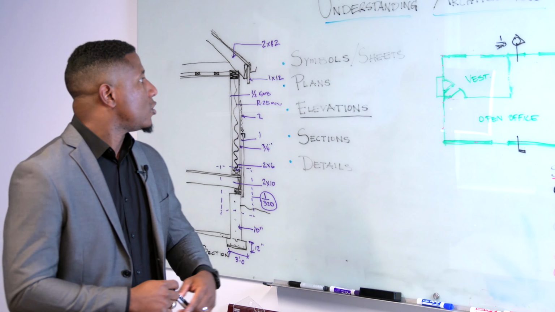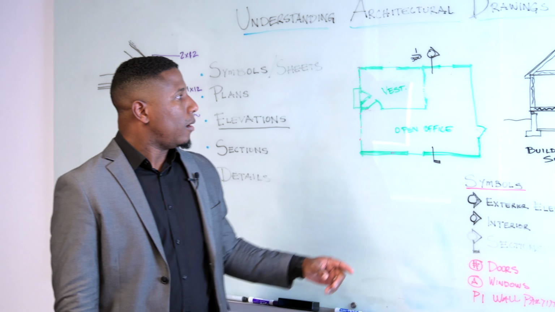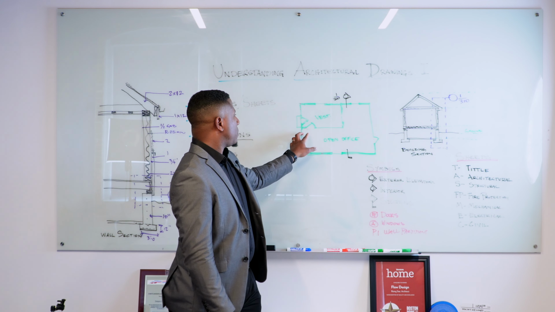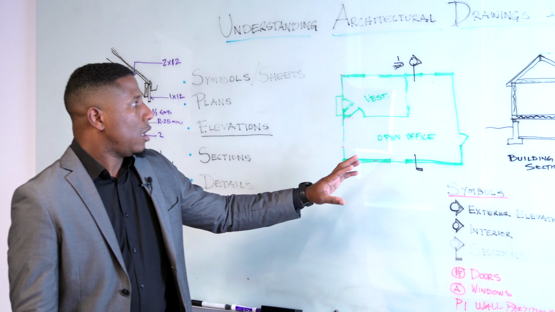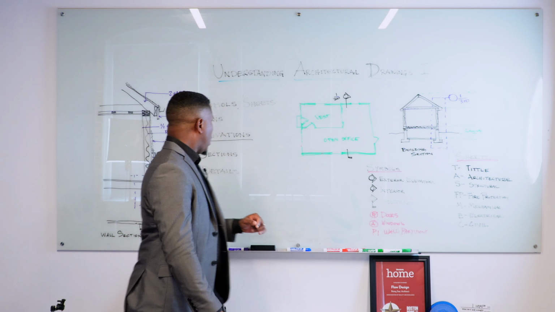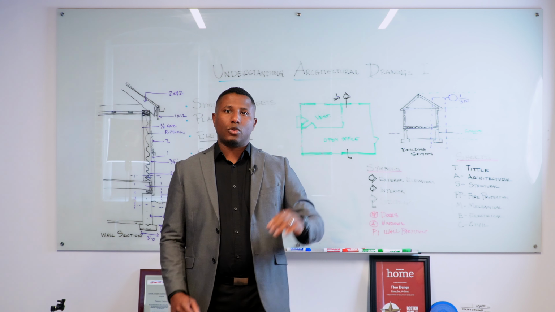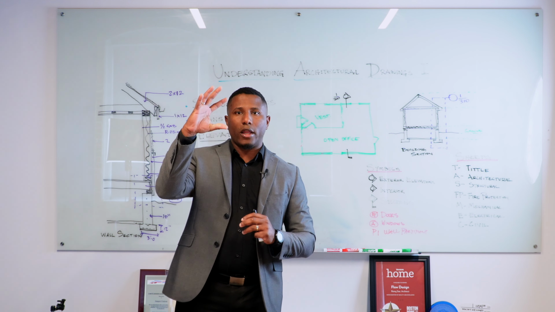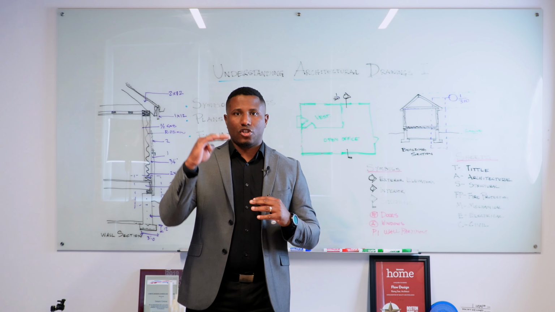In the previous videos, we discussed plans, floor plans. In floor plan drawings, typically you place the doors, the windows. You can see how the rooms are put together in plan. With elevations, you can see how the building is put together, what is the relationship between the window, the window sill, the relationship with the ground.